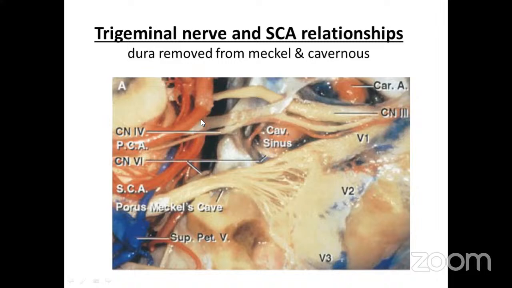So the relation is that the superior cerebellar artery arises from the basilar artery, so it forms a loop. First it goes downward, its origin is superior to the trigeminal nerve 5, but it goes down, forms a loop on the medial side of the trigeminal nerve and goes upward to join the superior cerebellar peduncle.